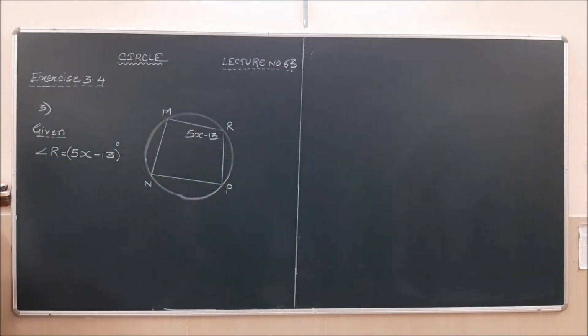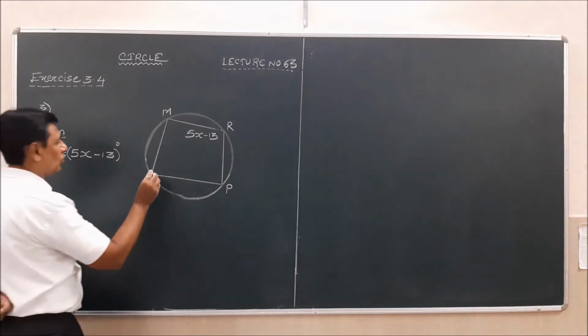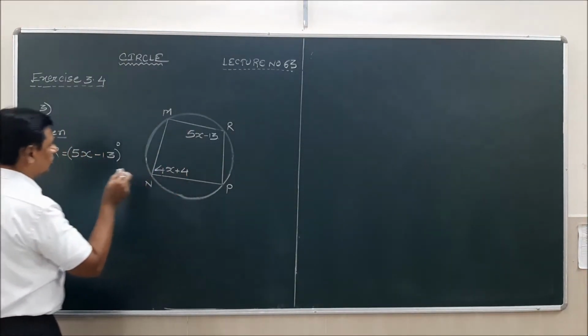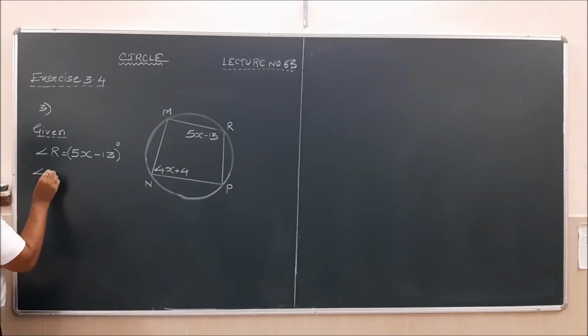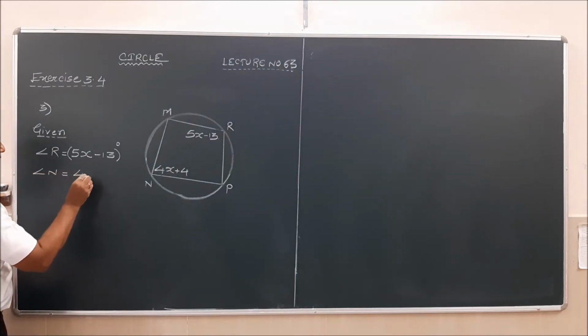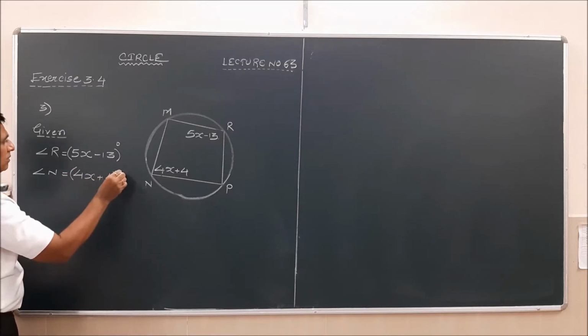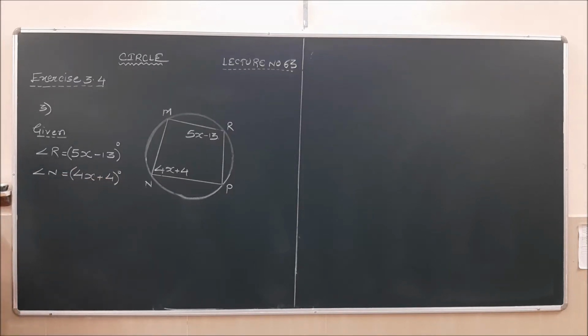In addition to that, it is given angle N is equal to 4x plus 4. The question asked is, find the measure of R and N.